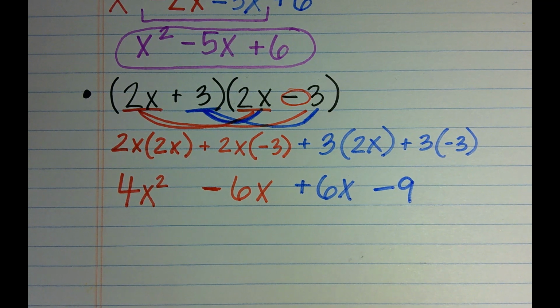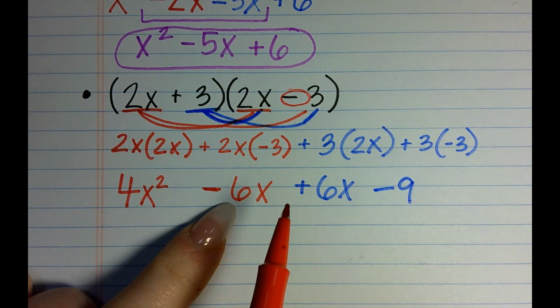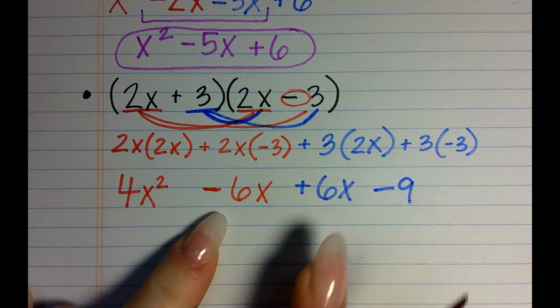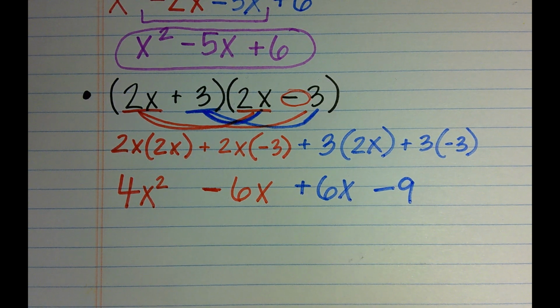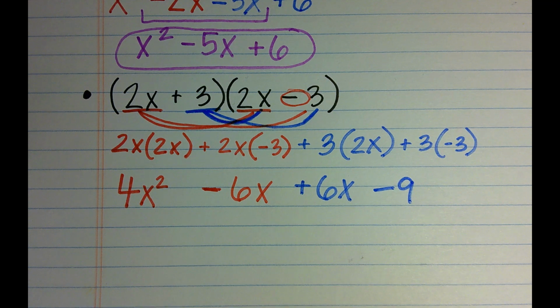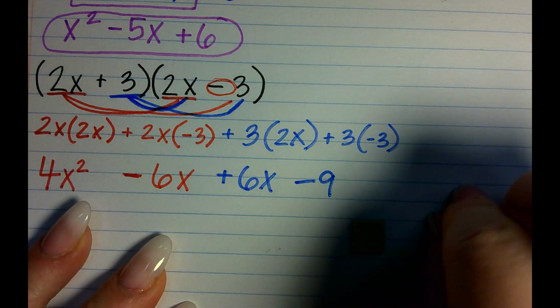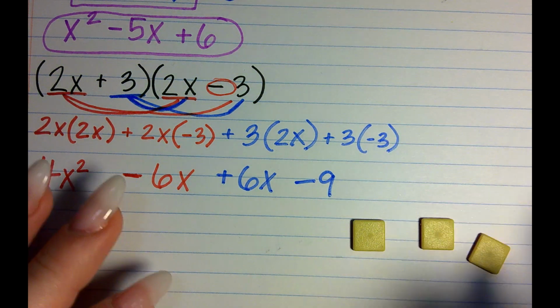If I have negative 6x and positive 6x, here's how I can think of it. Let me grab some little counters. Let's pretend this is an x.